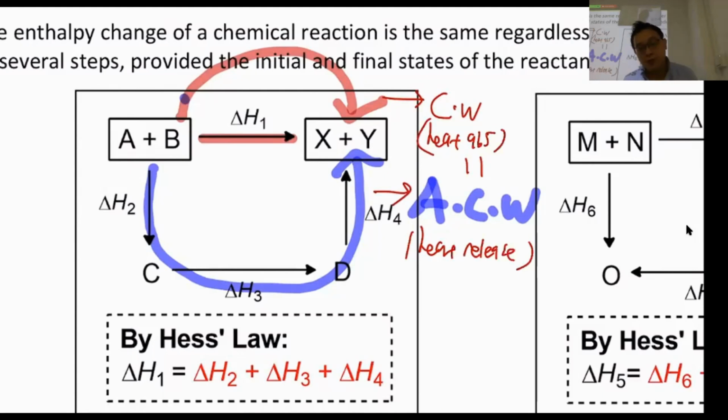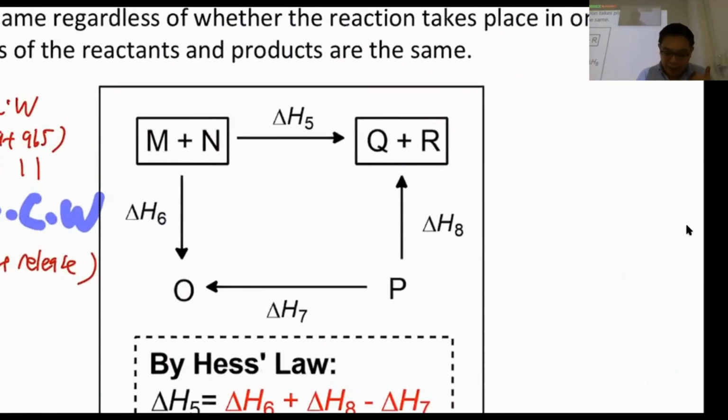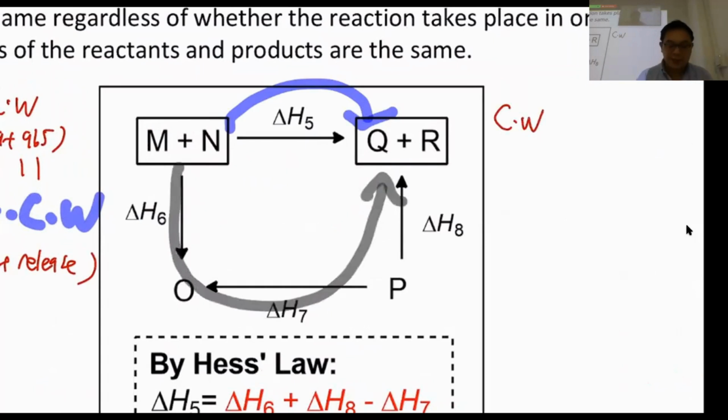Let me use another example to illustrate this point. Take a look on the right-hand side. We can take a look at M plus N to Q plus R. This is clockwise energy. Then this is another one, your anti-clockwise energy. Like I said, it doesn't matter which is heat release and which is heat absorbed.